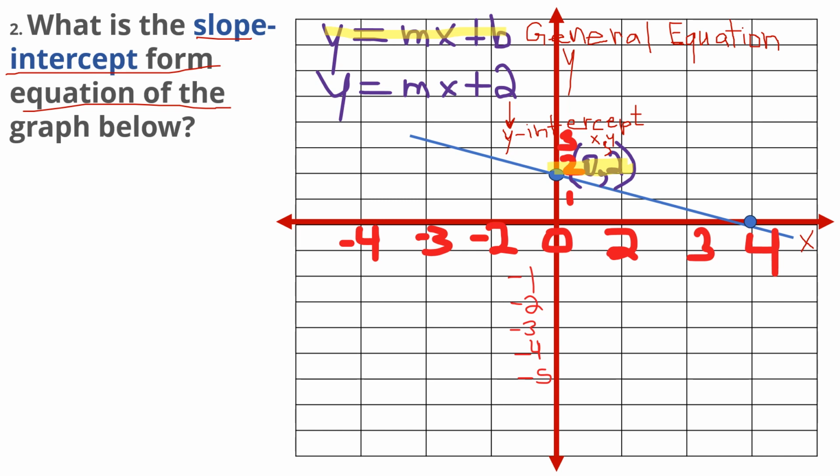You want the real value of the slope, and your x values given to you were 0 and positive 2.